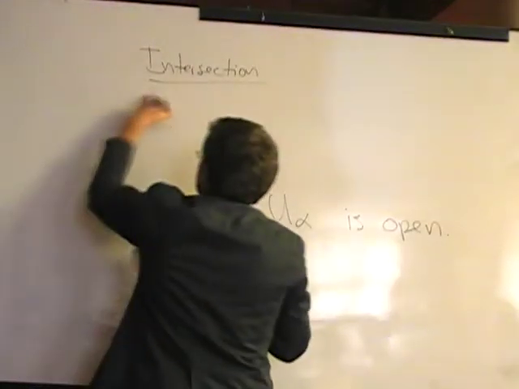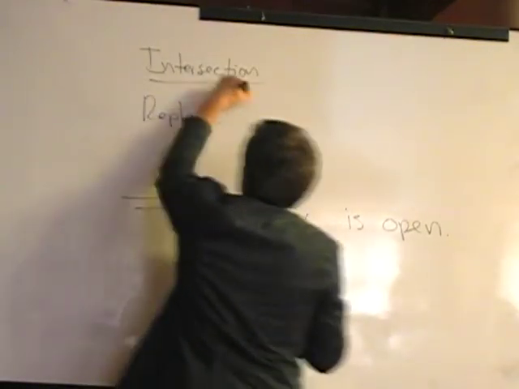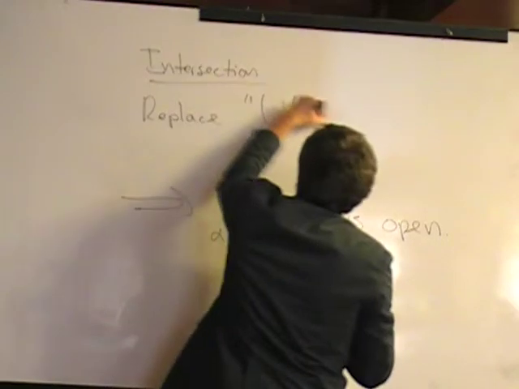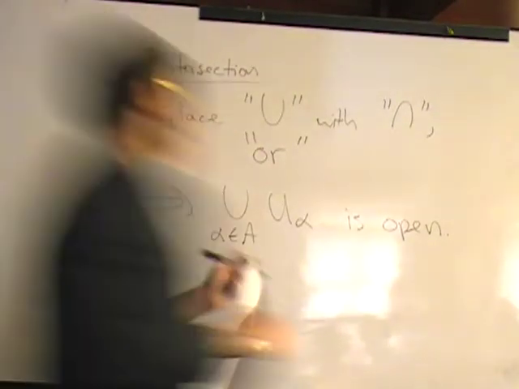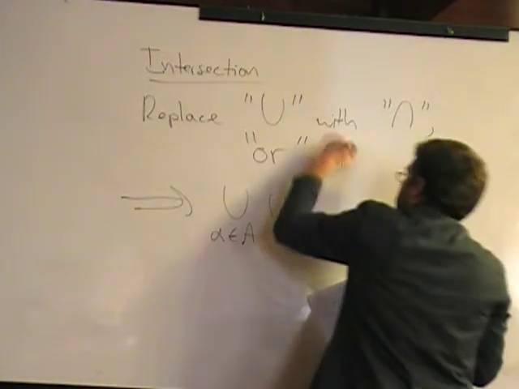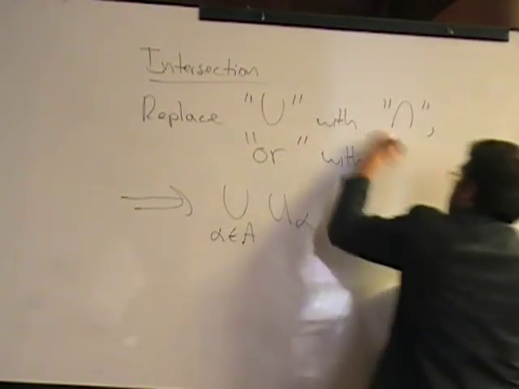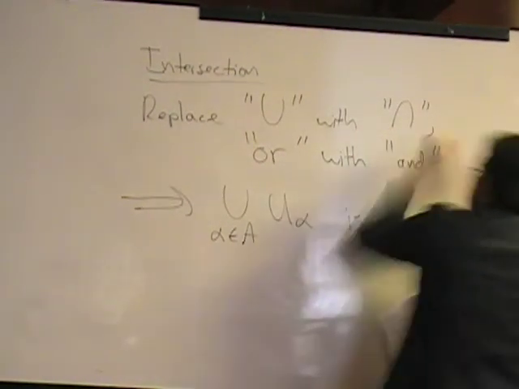So notationally, we replace the big U with the big upside down U. Whenever you saw the word or in the definition of union, you replace it with the other logical word, and.